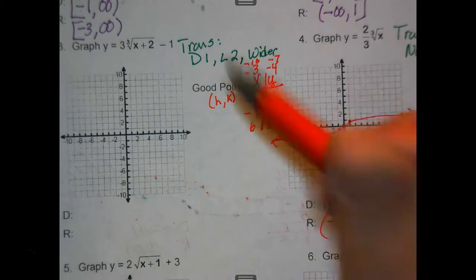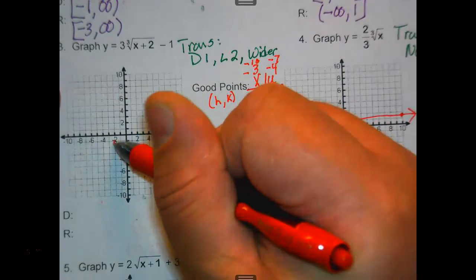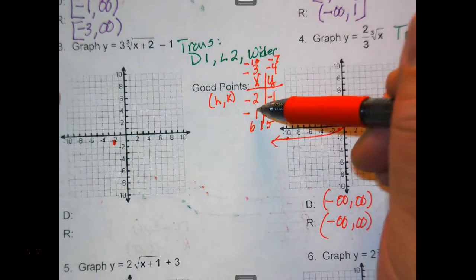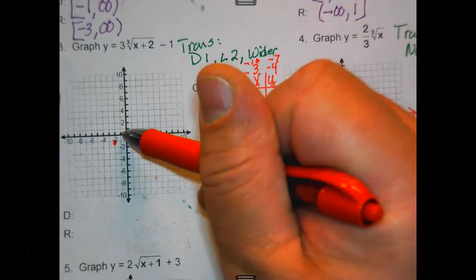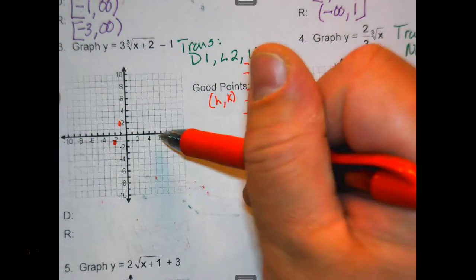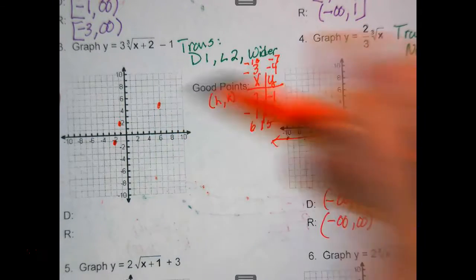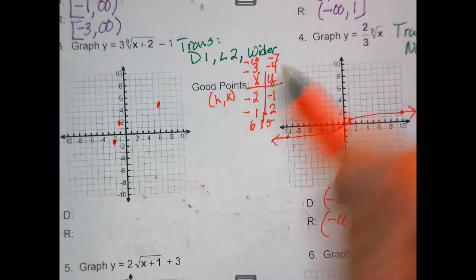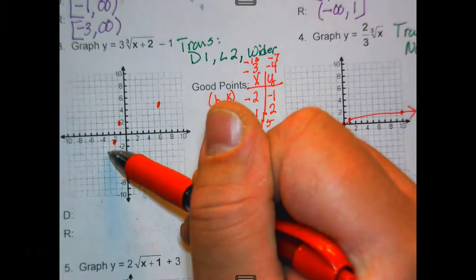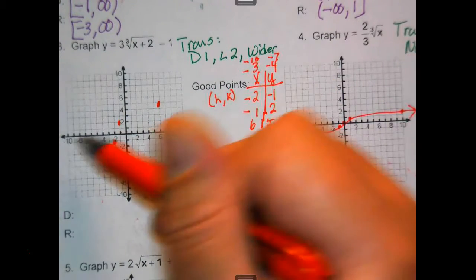My HK, negative 2, negative 1. Negative 1, 2, and 6, 5, and then negative 3, negative 4, and negative 10, negative 7.